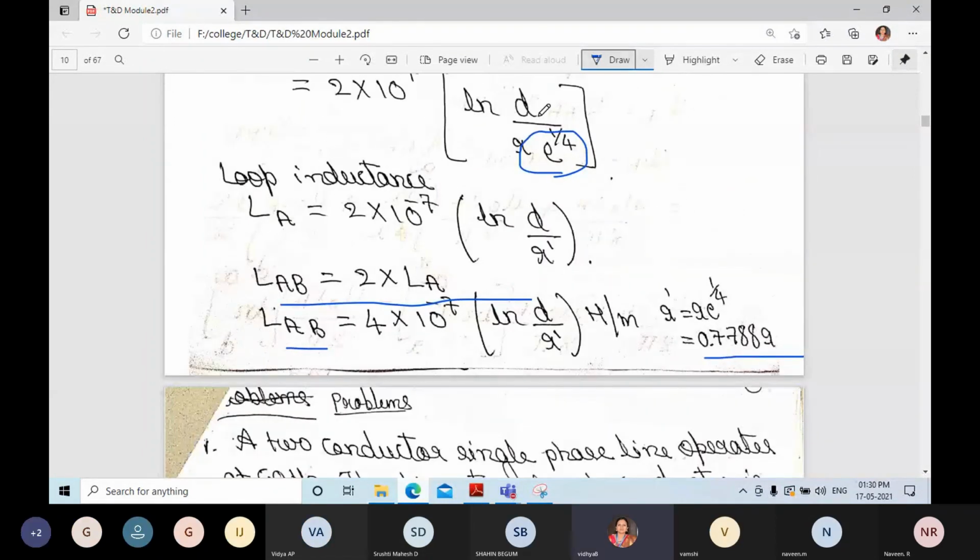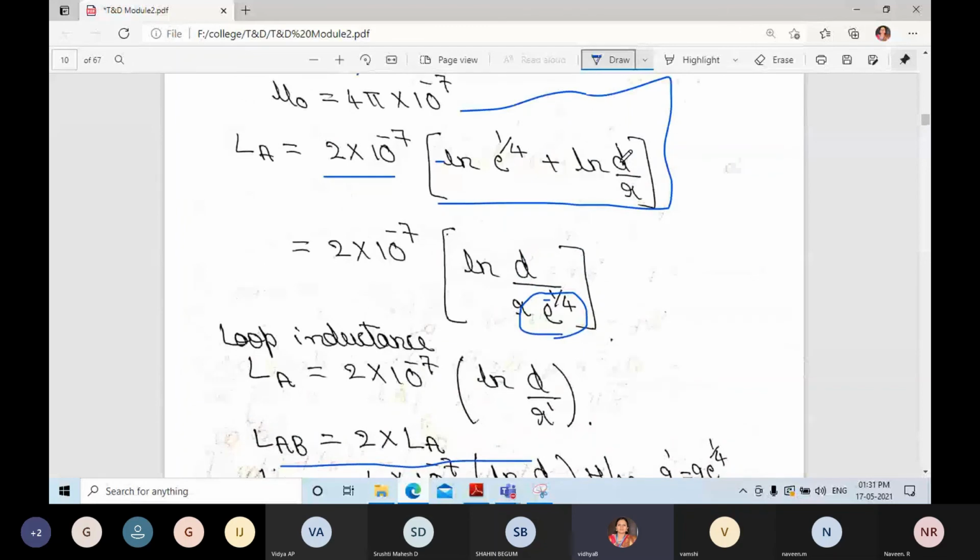And d divided by r into e to the power of minus 1 by 4. Okay, make changes in notes also. Ln d divided by r into e to the power of minus 1 by 4. Actually, log a plus log b can be written as log a into b.